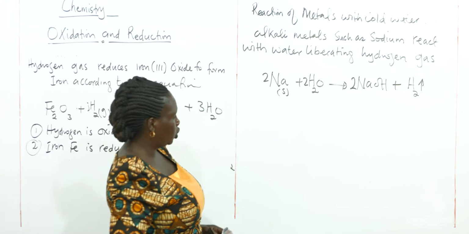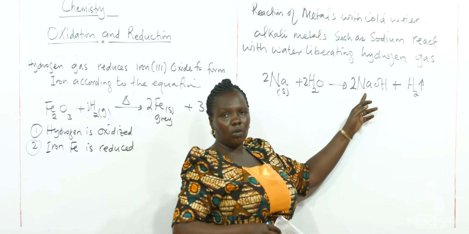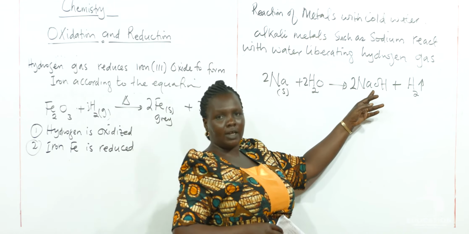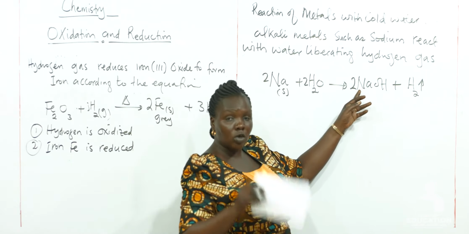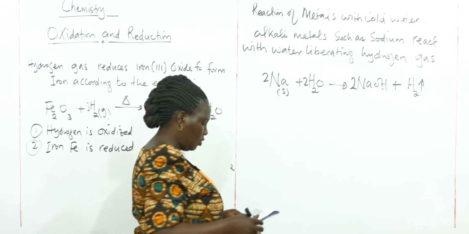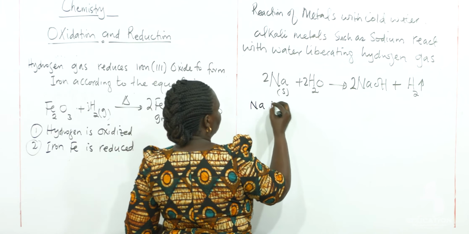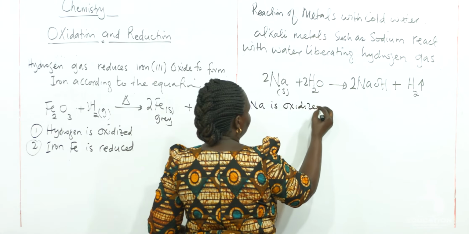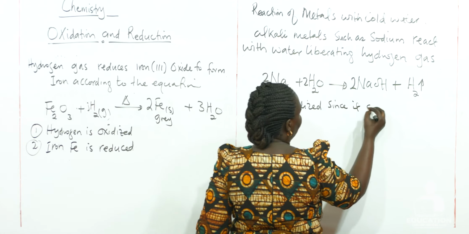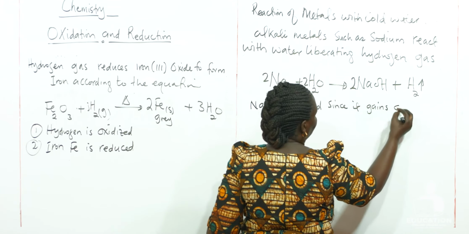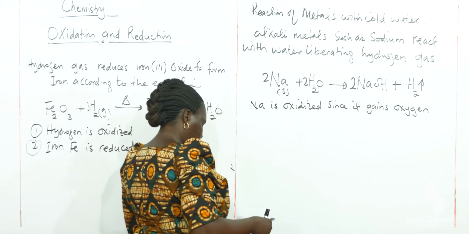In the following reaction, we can see that from metallic sodium to sodium hydroxide, oxygen has been added to sodium. Therefore, sodium is oxidized since it gains oxygen.